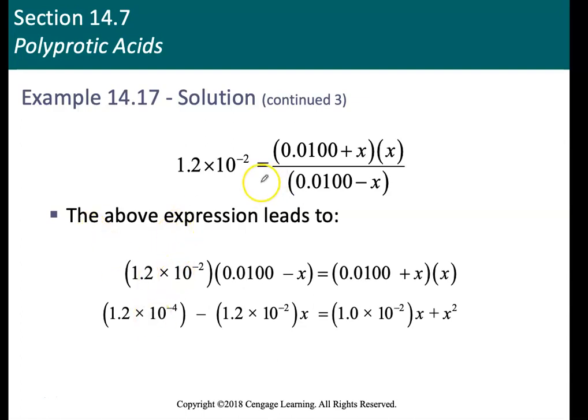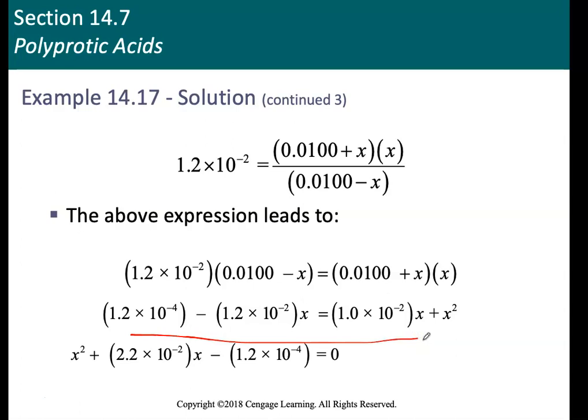So you have to write this out in quadratic form, ax squared plus bx plus c equals 0, and that's the setup we are trying to get here. That's what we get: x squared plus 2.2 times 10 to the power minus 2 x minus 1.2 times 10 to the power minus 4 is equal to 0.